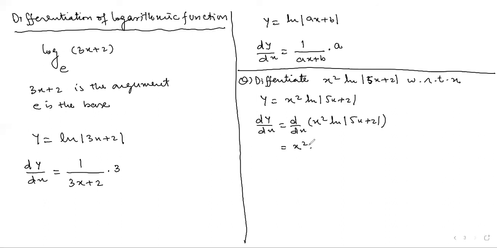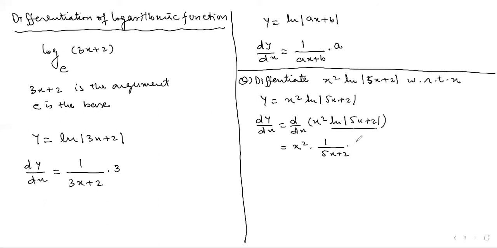We will write down x square as it is. Now we will multiply with the derivative of the second function. The second function is a logarithmic one. The method to differentiate a logarithmic function is, we write down the reciprocal of the argument, that is 1 over 5x plus 2, and we multiply with the derivative of the argument.